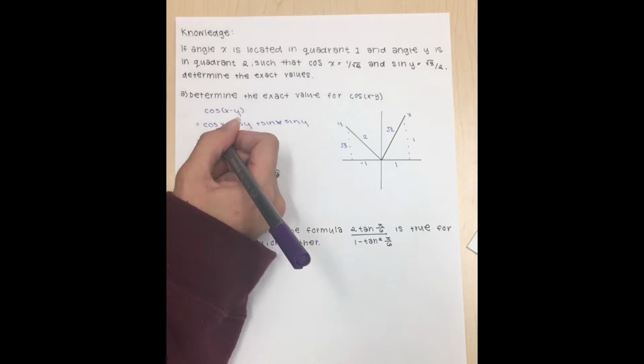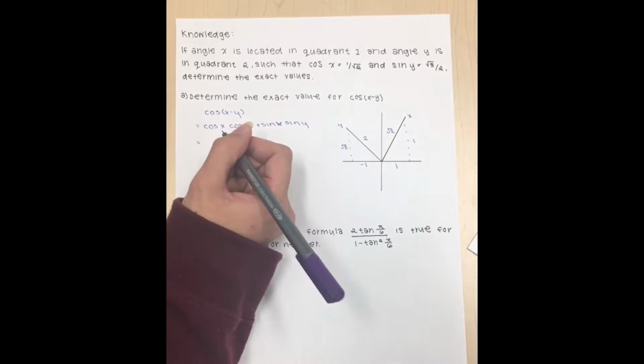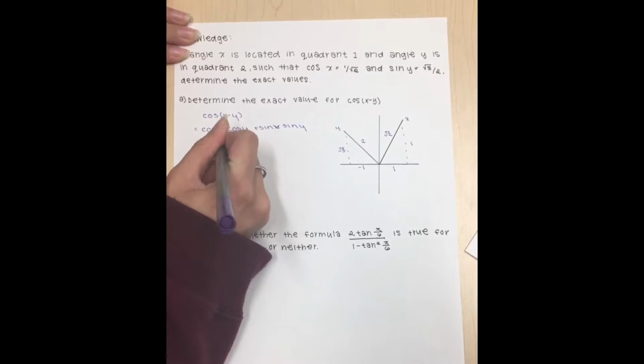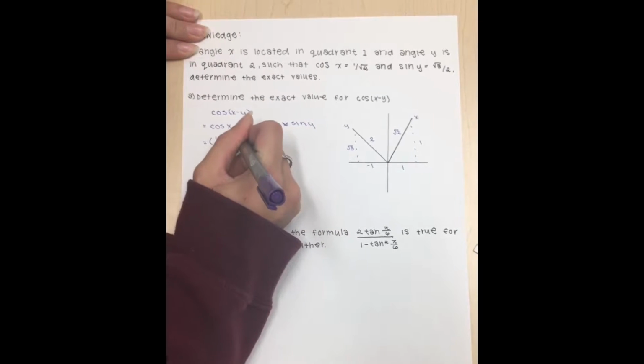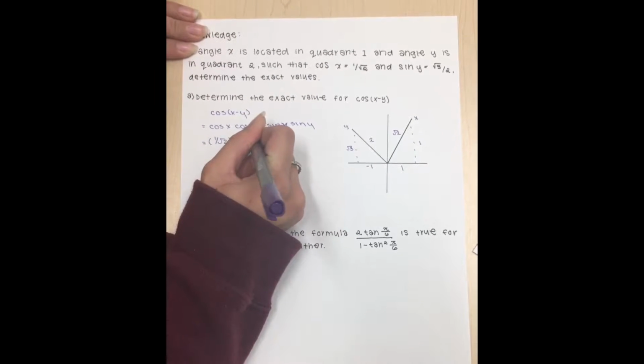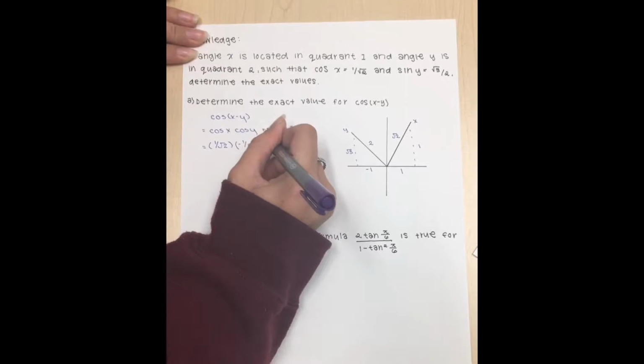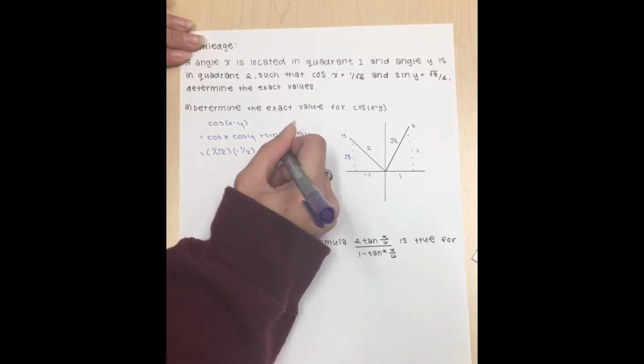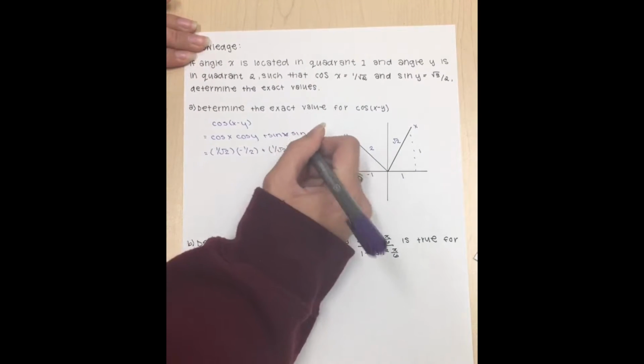Cos x is equal to 1 over root 2. Cos y is equal to negative 1 over 2, plus sin x is equal to 1 over root 2. And finally, sin y is equal to root 3 over 2.